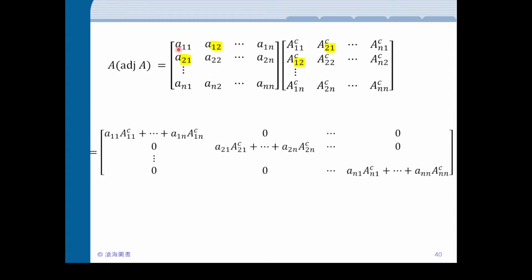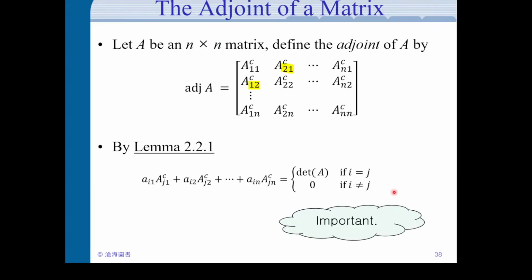Then you see that on the diagonals you have those A_i times AC_i. So here you have A11, AC11, and A12, AC12, and in here you have A21, AC21, and A22, AC22, etc. So in the diagonal you have those i equal to j terms, and off the diagonal you will get those i not equal to j.